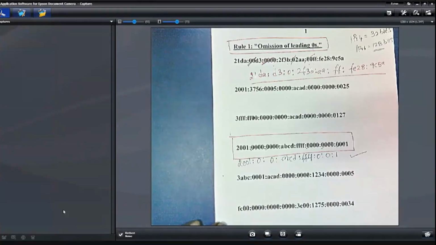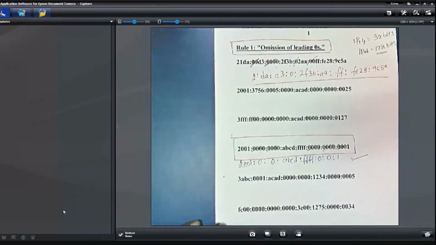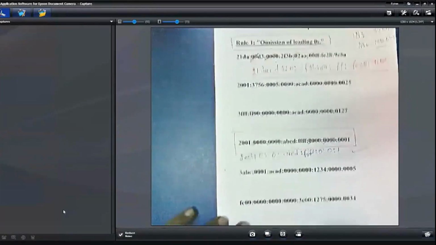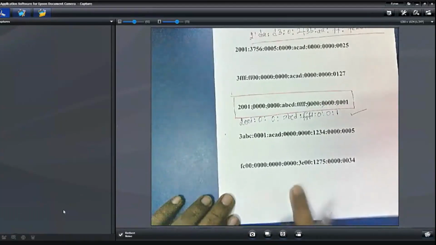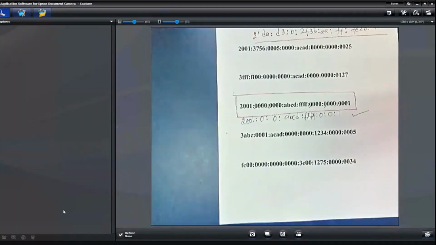So this is rule number 1. Go for this next one, because there is one more thing here. Can anyone solve this? Write the answer in the chat box. Victor, repeat the question, please.